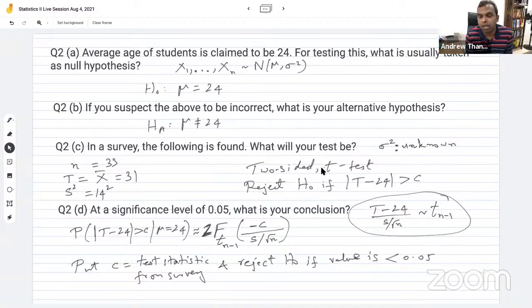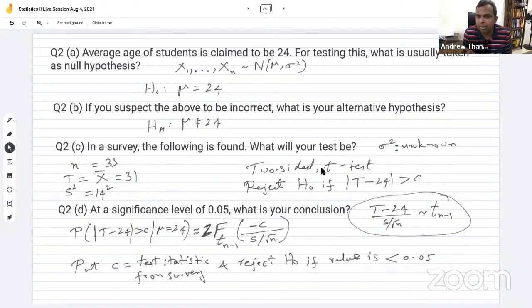If my test were directly in terms of T, supposing my test is T between C1 and C2, or 24 minus C and 24 plus C, then when I write the probability, I have to do this T minus C and all that. So I think this minus C by S by root n is correct.